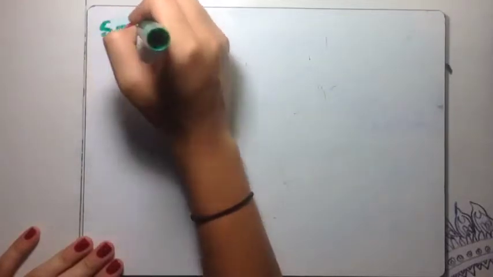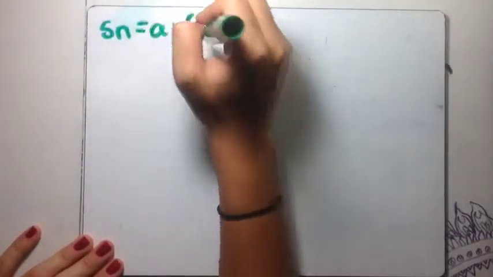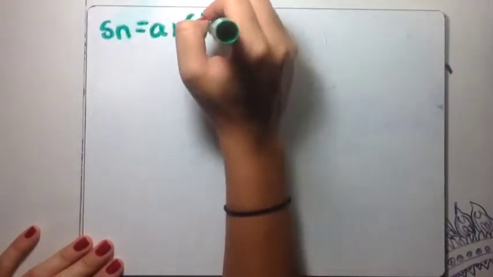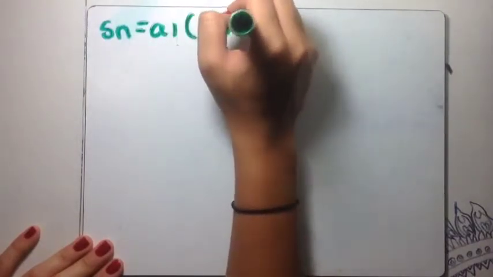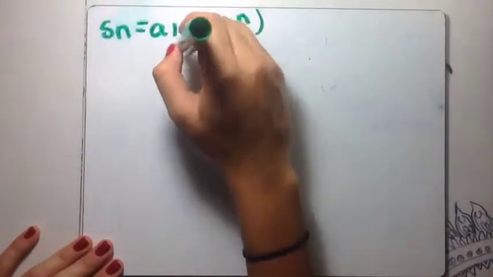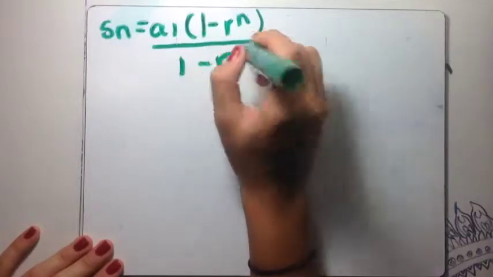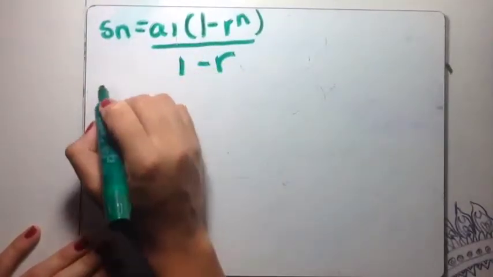To find the sum, we need to use the formula. So Sn equals a1, in this case 5, times (1 minus 2 to the power of 6), divided by 1 minus 2.